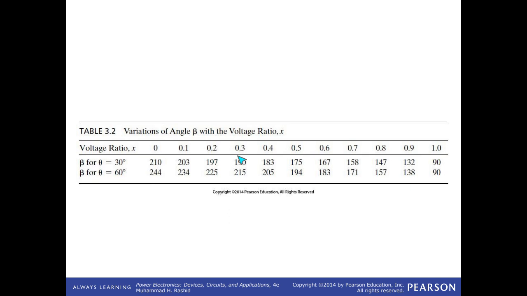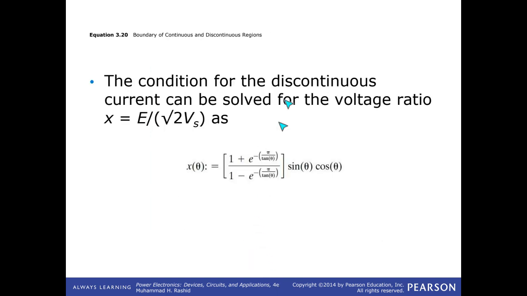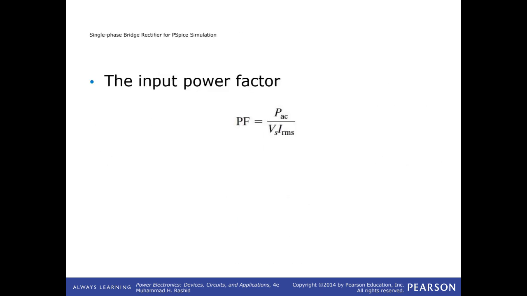And this is the boundary. That's the boundary reflecting that. And you know that X is equal to E over Vmax, where square root 2 times V means Vmax. Spice example is not something you are responsible for.